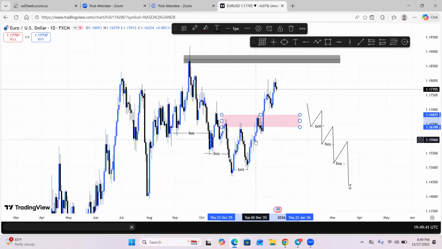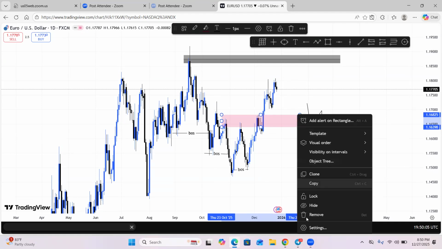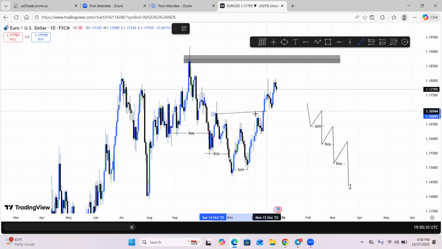What we're expecting now is that the market will still come back, tap into this level and sell again. But what happened? The market came to this level, reacted to it a bit and cleared it. It came back, reacted to it a bit and cleared the level to the upside, giving us a change of character. So from here to here, we have a change of character.